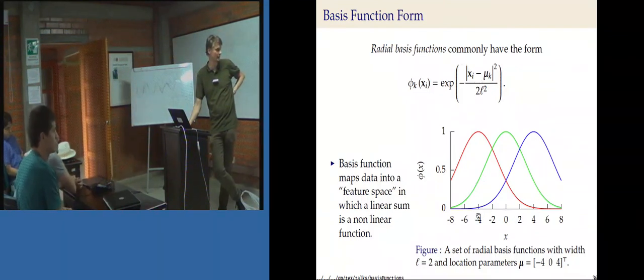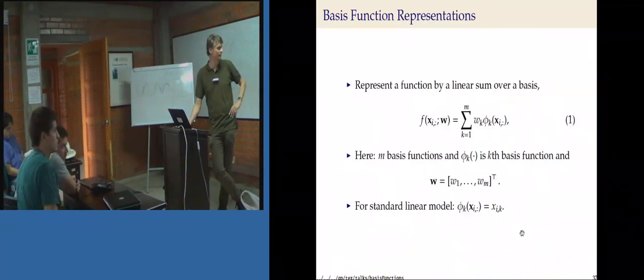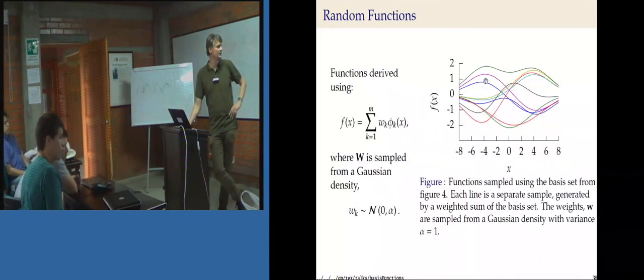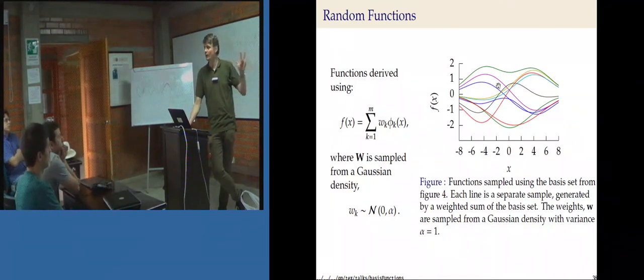So here I've centered them at -4, 0, and 4. And what we say in these type of models is we'll multiply that by a weight vector, just like before, and then we can sample what these models look like. So this is just what you've been doing with polynomials, but here with this set of 3 radial basis functions. So if you've ever used a radial basis function network, this is the sort of thing you're doing.